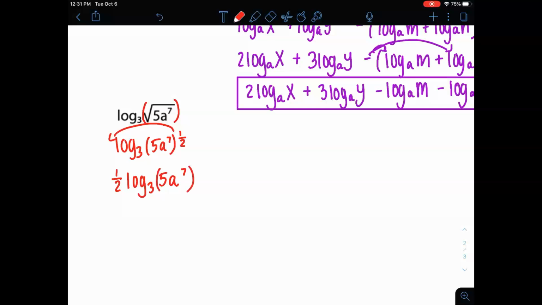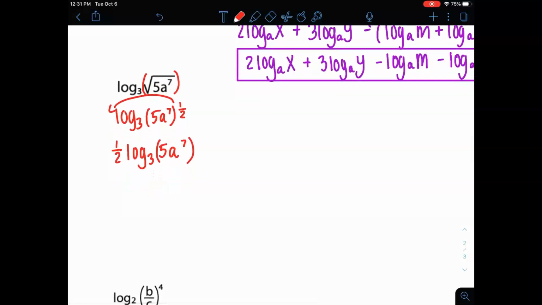Now, the next step is I can separate out my 5 times a to the power of 7. Since this 1/2 is a coefficient, it gets put on the outside of the parentheses when I expand this log, because this 1/2 acts on the entire logarithmic expression.